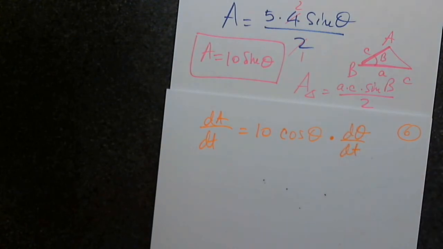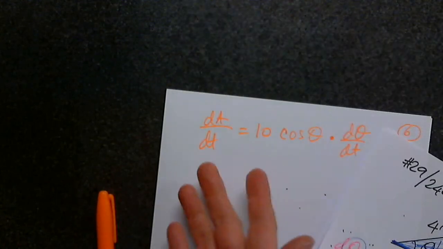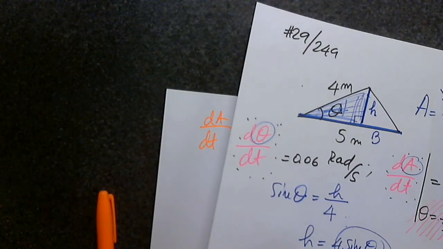Very good. Times the inner function prime. Is that clear, everyone? Yes? Okay. Since this is what I'm after, I don't have to solve for anything. It's already solved. All I have to do is plug in the numbers.